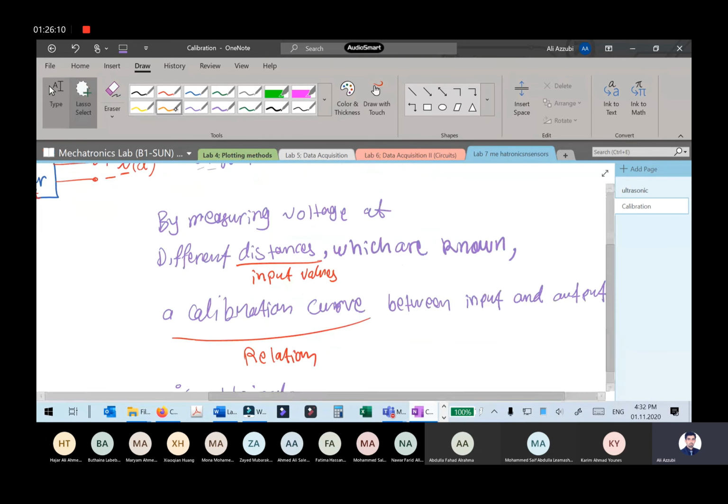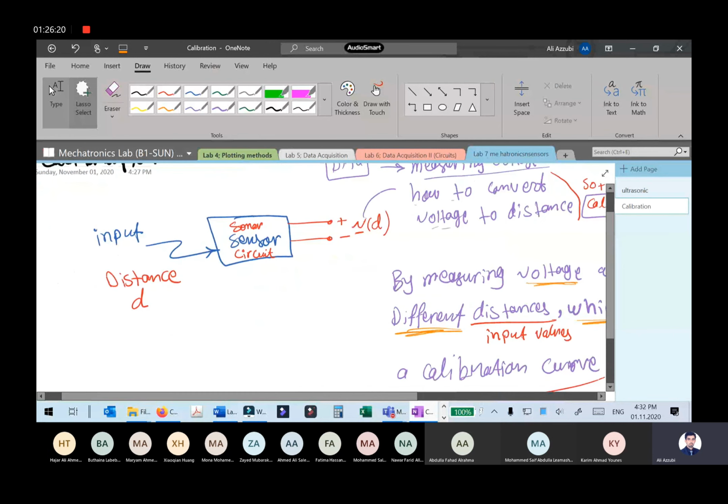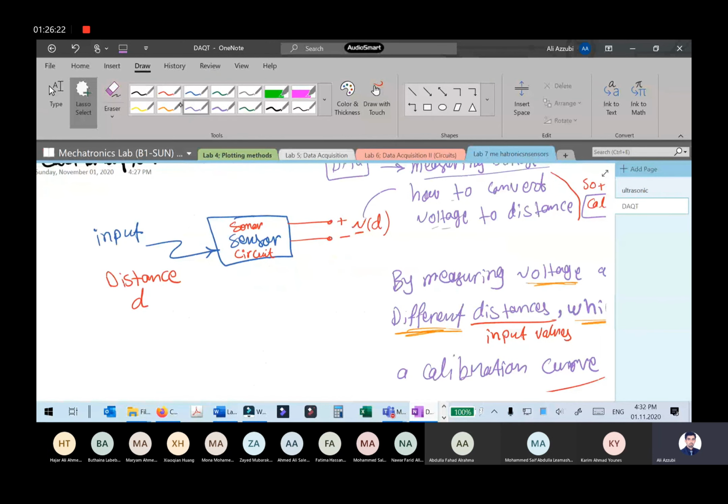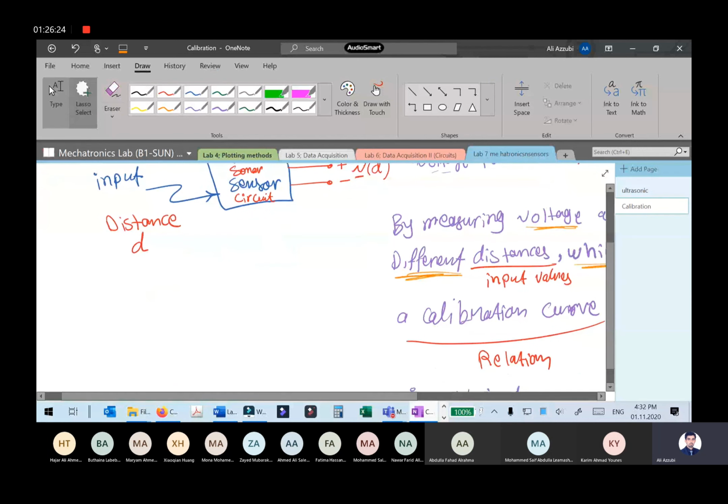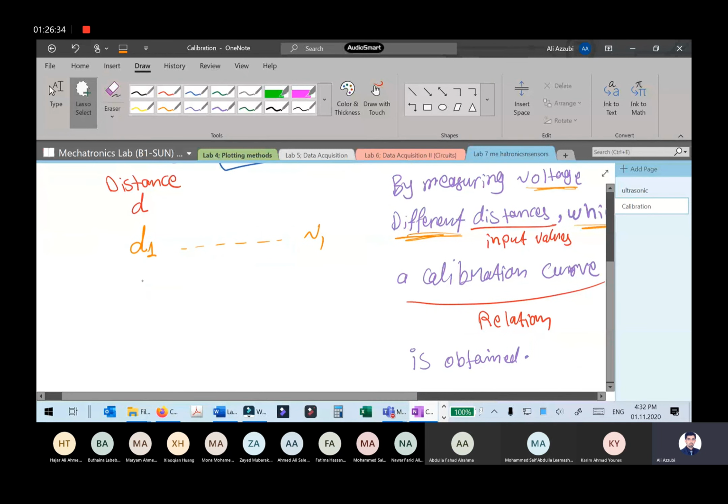So what I have here is I need to measure V at different known inputs. Generally speaking, the idea of calibration: I will apply D1 and measure the voltage that results from that distance.